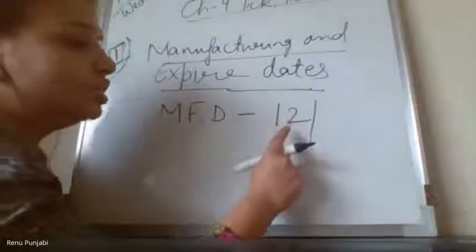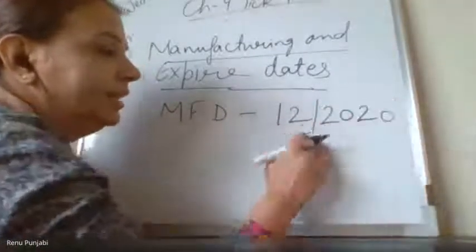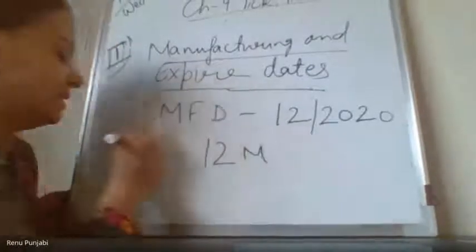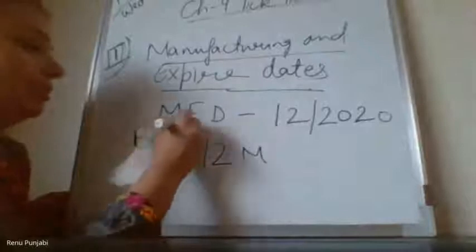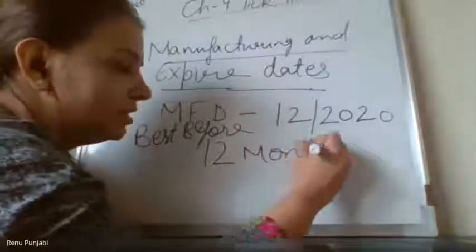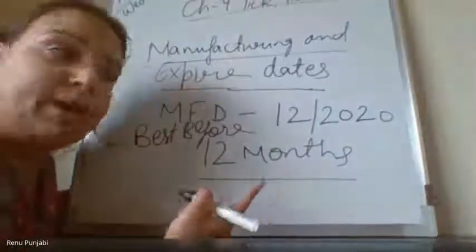Manufacturing date is 12/2020 and only 12 months you have to use. You can see best before 12 months. So now you have to calculate the number of months.